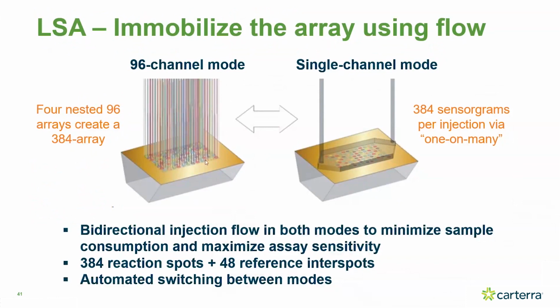It has a 96-channel flow manifold, a continuous flow microspotting technology. We often refer to it as the printhead. And then there is also a single channel flow that does what we call one-on-many, where one sample is injected over the entire surface of the array. So with this 96-channel manifold, it can do 4 nested prints to create a 384-spot array.